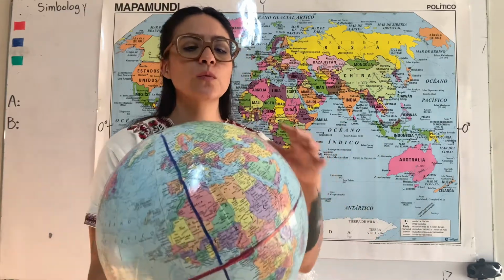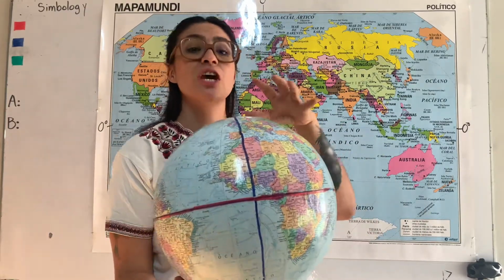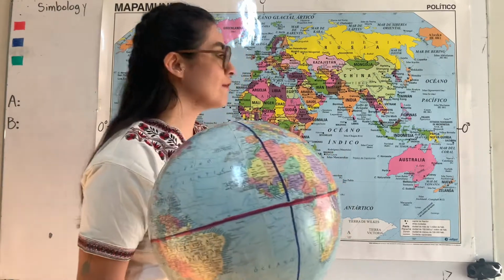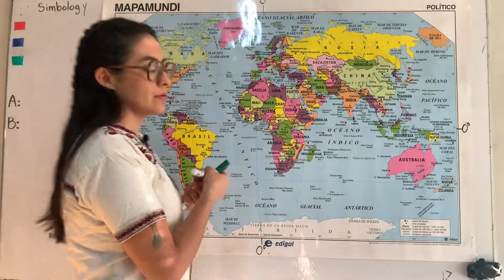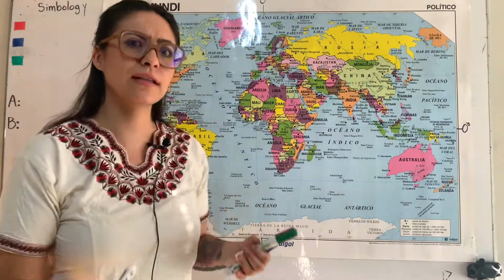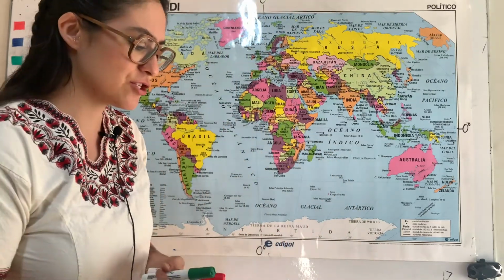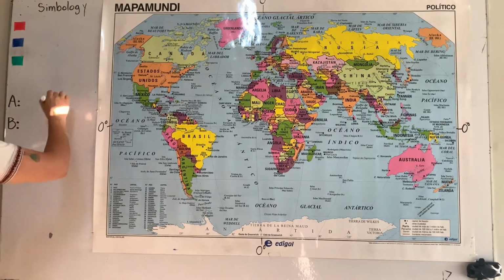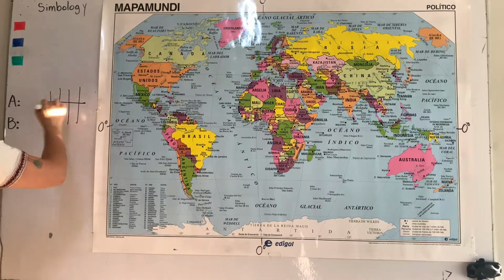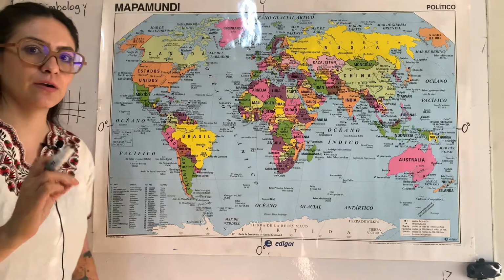But what happens when we change this sphere into a flat system? We can do the same with a map. This is not the regular grid that you see in the Mercator projection. That one is very famous, and it has something in particular: that projection shows a really perfect grid.